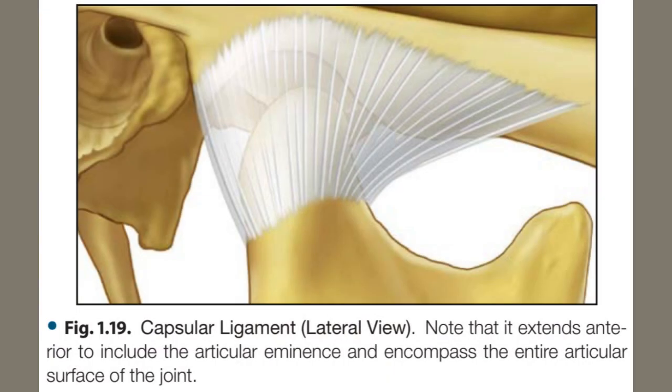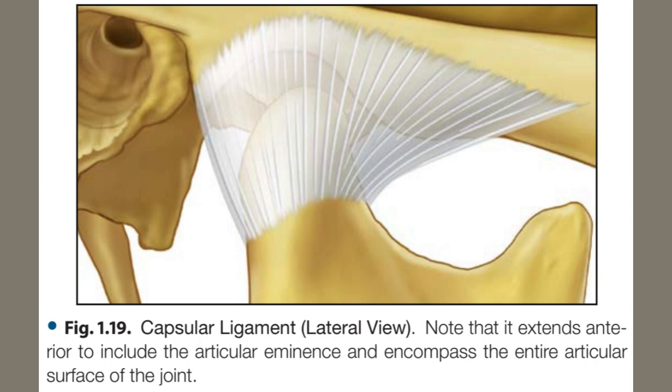As previously mentioned, the entire TMJ is surrounded and encompassed by the capsular ligament. The fibers of the capsular ligament are attached superiorly to the temporal bone along the borders of the articular surfaces of the mandibular fossa and articular eminence. Inferiorly, the fibers attach to the neck of the condyle.